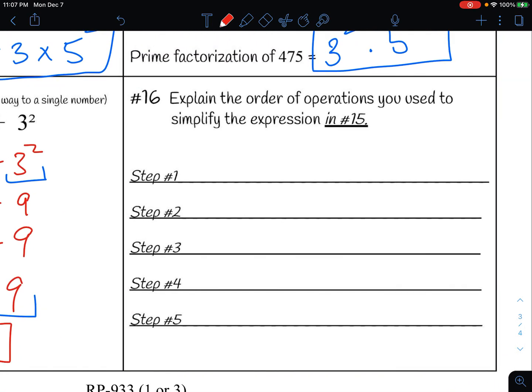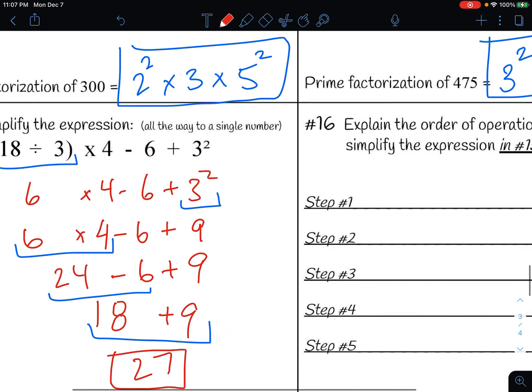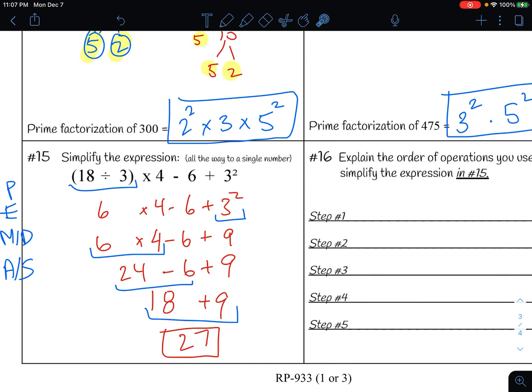Finally, let's do 16. Explain the order of operations you use to simplify the expression in number 15. Well, if I look at step number 1, that's parentheses. You can say that you did parentheses. You can use shorthand, or if you're having trouble, you can say 18 divided by 3, the parentheses. Step 2, we did the exponent. You can just use shorthand, and it was the 3 squared that we did.